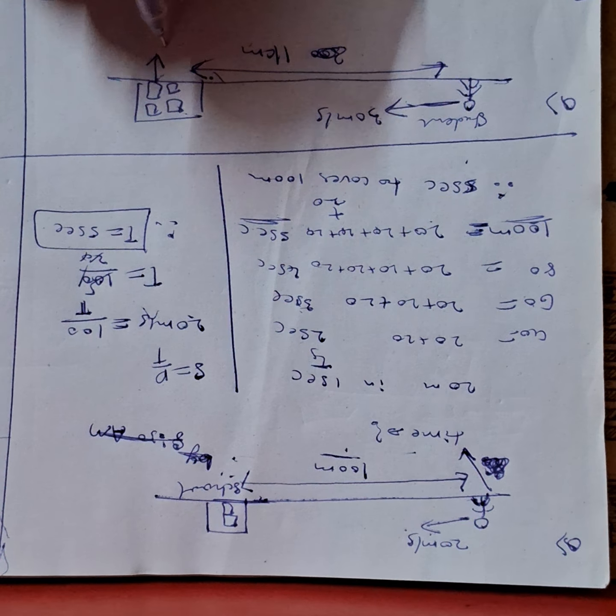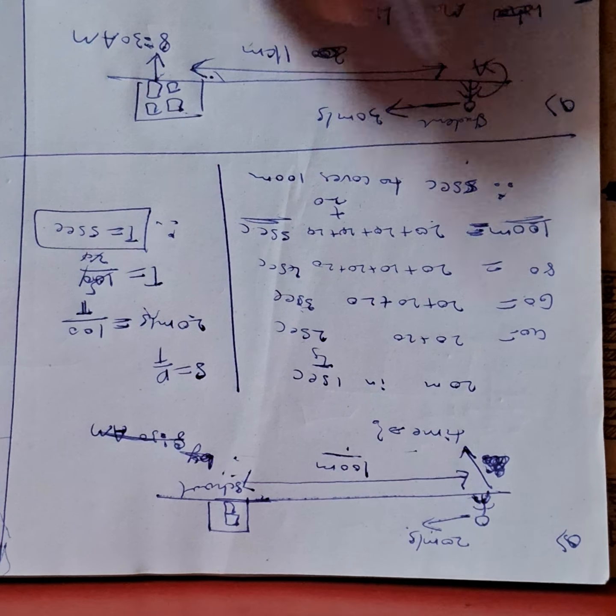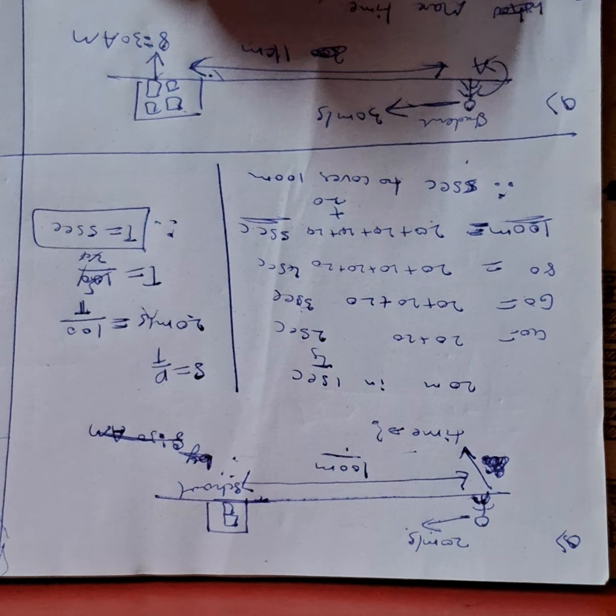He has to attend the school at 8:30 a.m. Okay, so we have to find the maximum time, let's say this person is A, at which A can start and still reach his school.